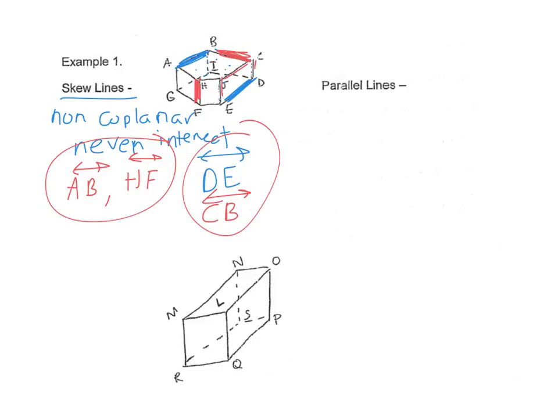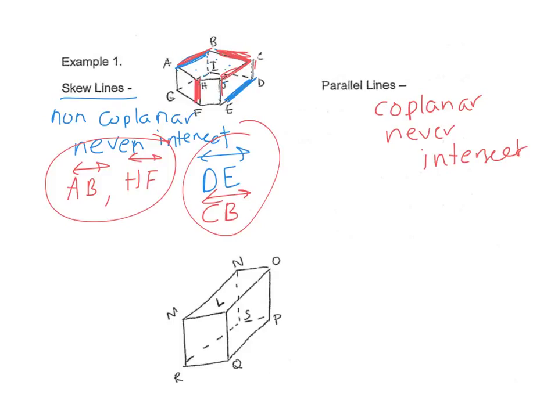Parallel lines are the lines that are coplanar and they never intersect. So if I take AB, let's see, it's kind of hard to tell if AB and CJ are parallel, so I won't use that because I can't really tell if that's parallel or not.